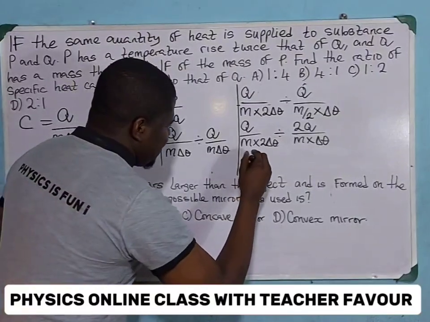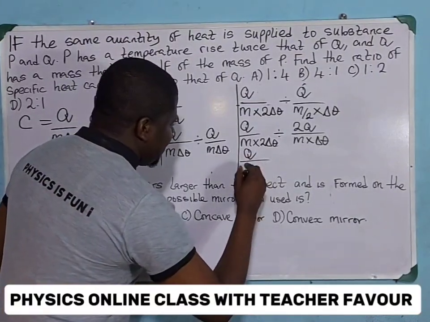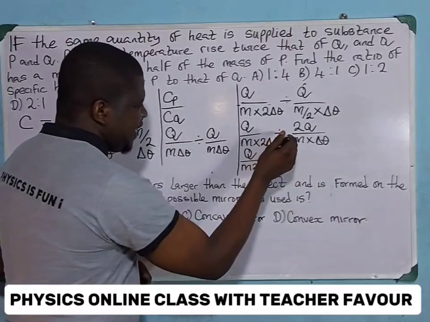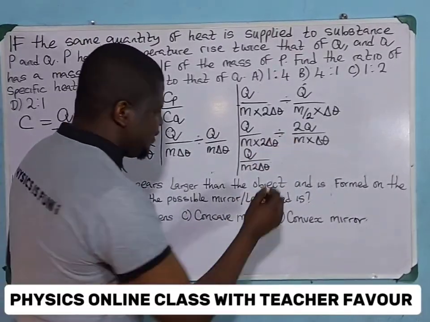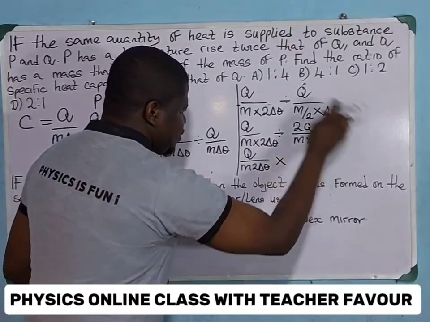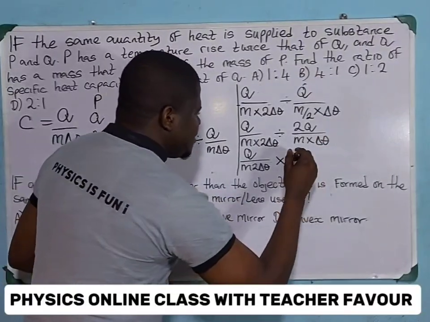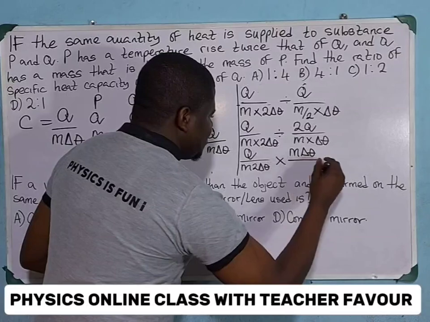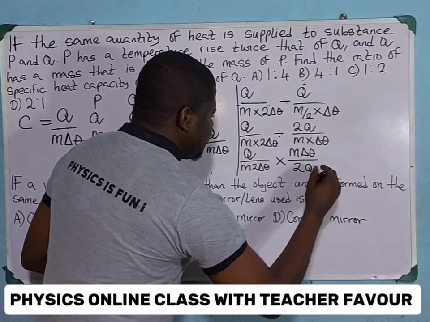If we bring it down again, we are going to have Q over M times 2 delta theta. We change the division sign to multiplication sign. Therefore, this will come out while this will come down. So we're going to have M delta theta over 2Q.